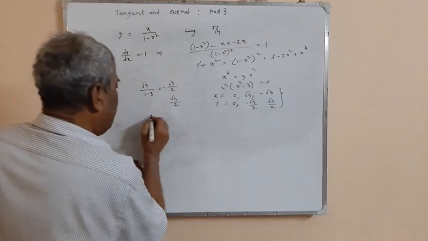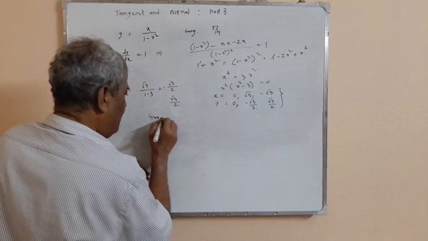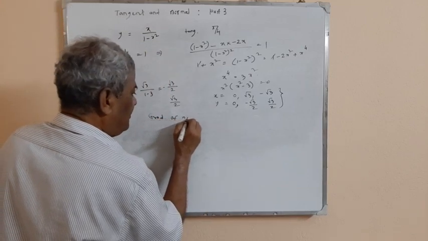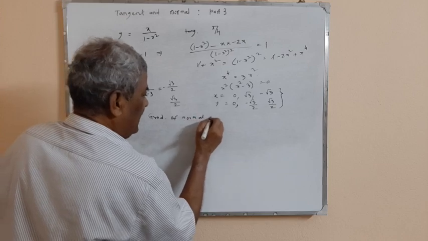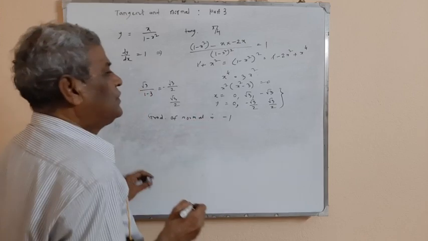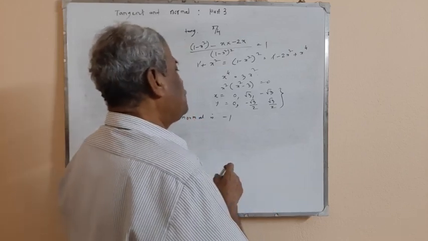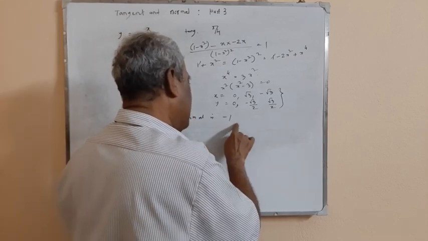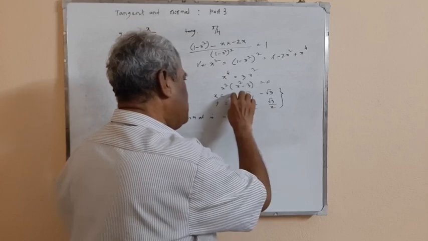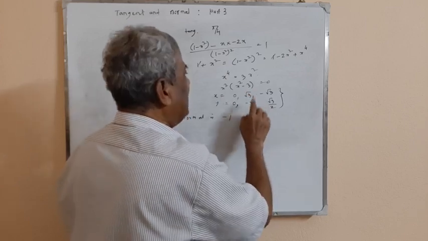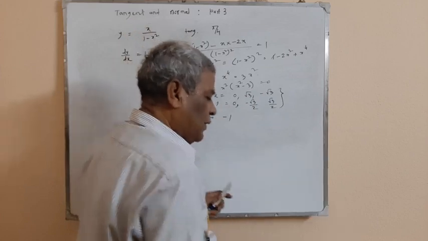Therefore, gradient of normal is minus 1. So now very easily we can find the equation of normal whose gradient is minus 1 at the point 0, 0, at the point this and that, and so on. Very easily we can obtain that.